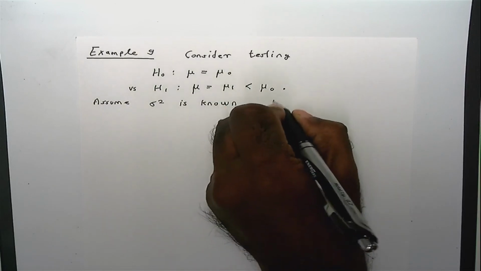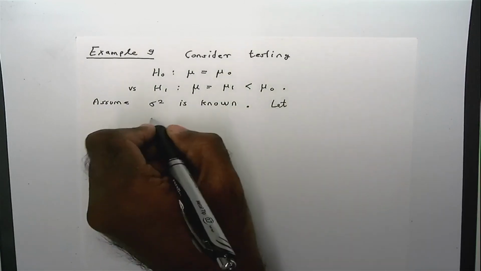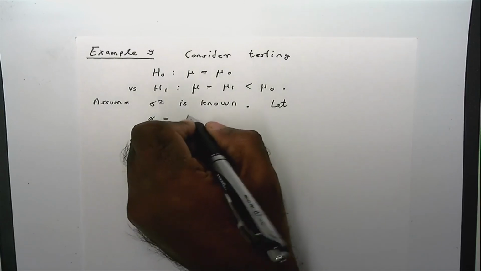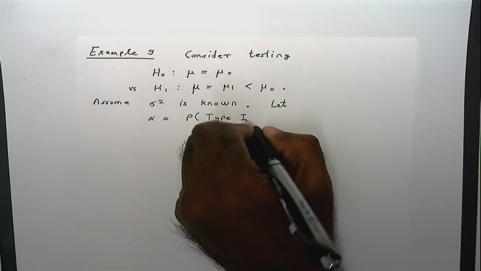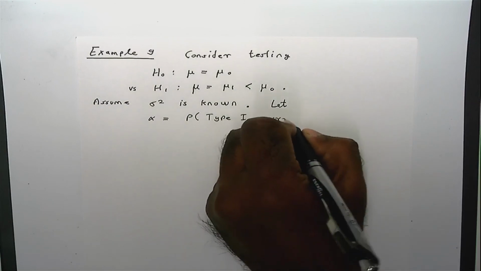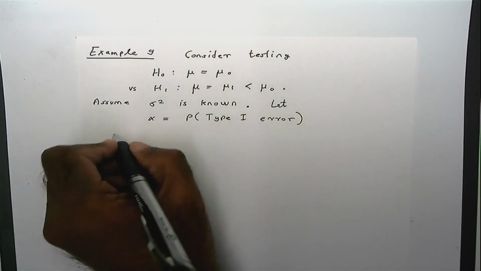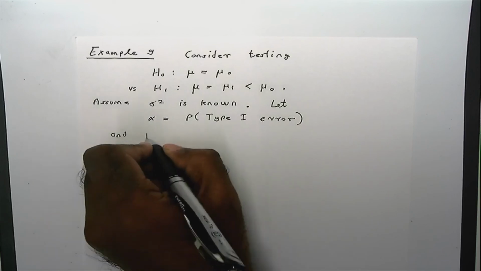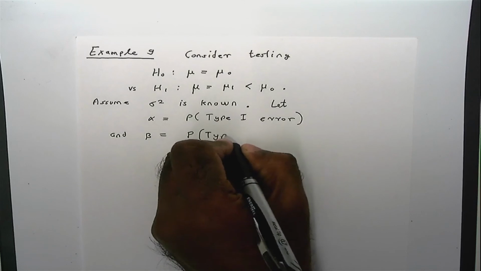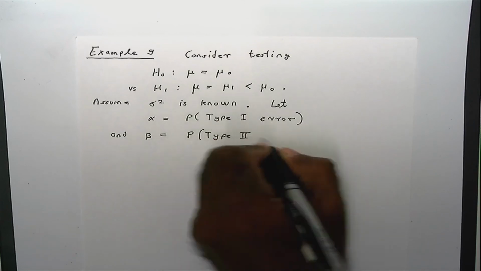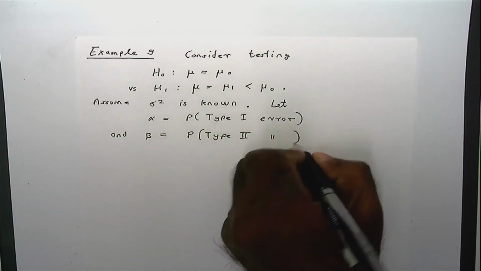Let alpha denote the probability of type 1 error. I mean, you guys know this anyway. This is the definition of alpha, and beta denotes the probability of type 2 error. Right.